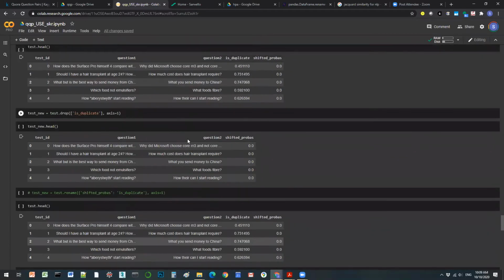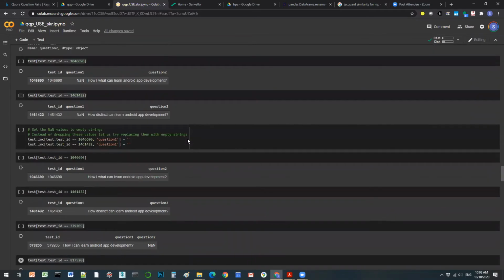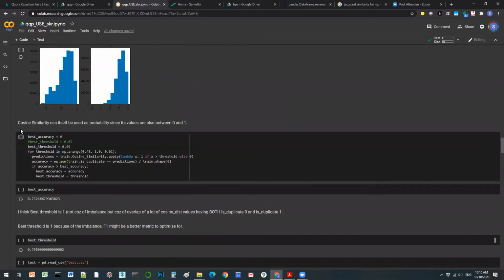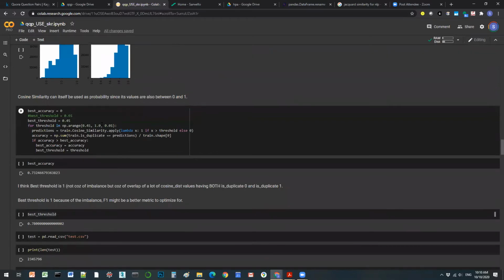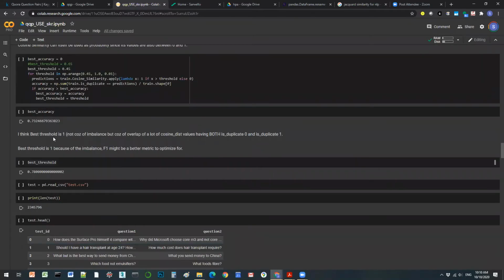And when I did that with the training set, and Gautam had already done this conveniently in the notebook, trying to find the best threshold and accuracy, interestingly, and I don't know whether you did this part too, Gautam, the best accuracy was 0.73, but the best threshold, here is Gautam's comment, and this was something I wanted to discuss, he thought was 1 because of the imbalance, and I have a slight difference of opinion or question.